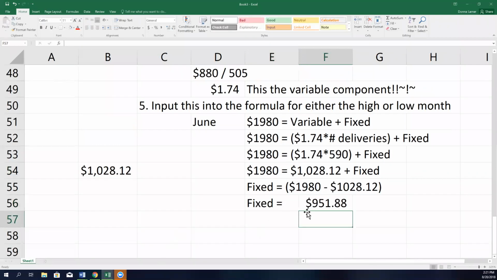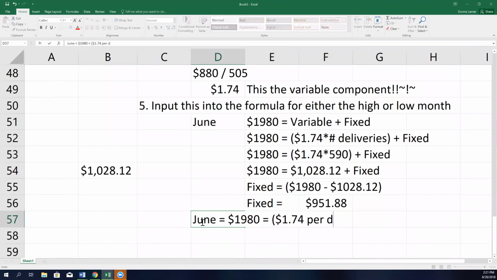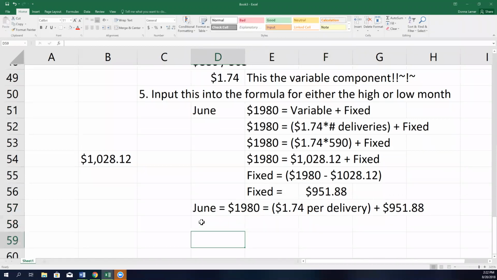So the fixed portion is $951.88. So June's formula is 1980 equals the $1.74 per delivery, or we could say times the number of deliveries, plus $951.88. So we can say that this is the formula.